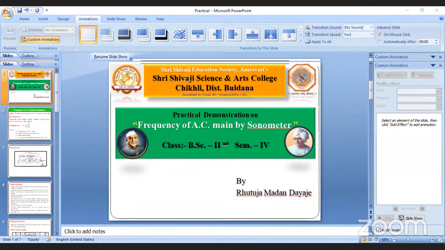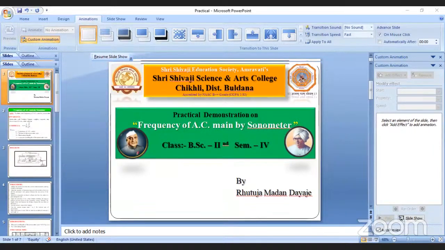Hello everyone. I am Rutuja Madan Daiji from BSc second year, semester four, Sri Shivaji Science and Art College, Chikhli, district Buldhana. I will explain the experiment frequency of AC mains by sonometer.